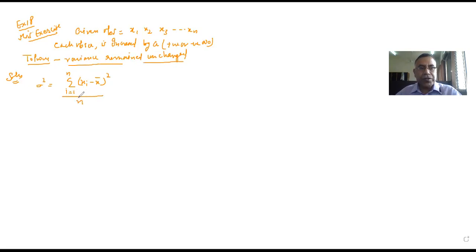Now each observation is increased by a. Therefore, yi is equal to xi plus a, where yi is the new observation. So I have taken yi as a new observation. I have added a in the previous observation.